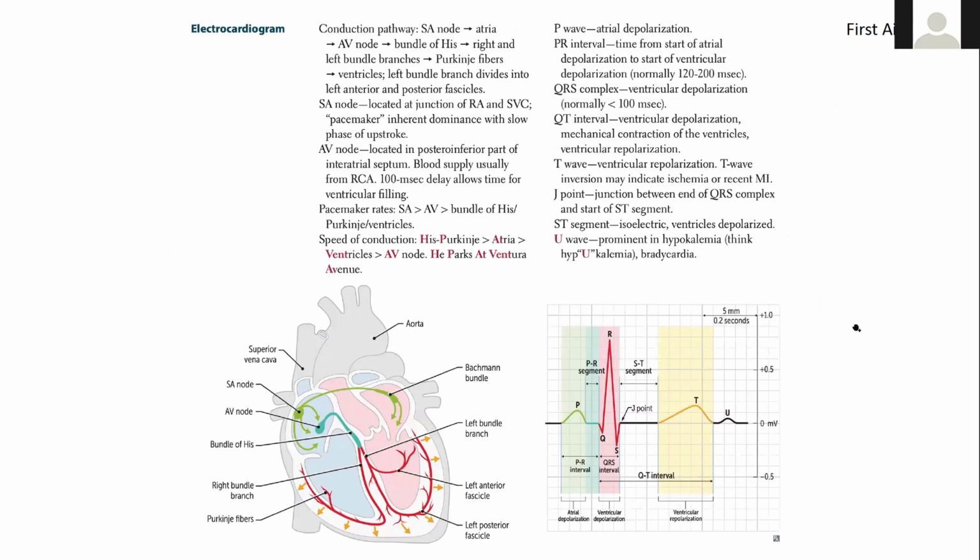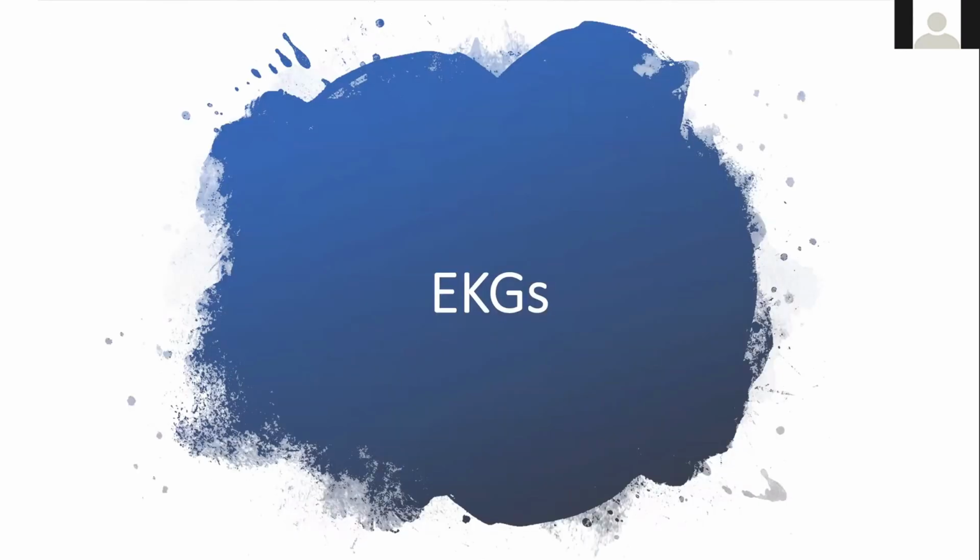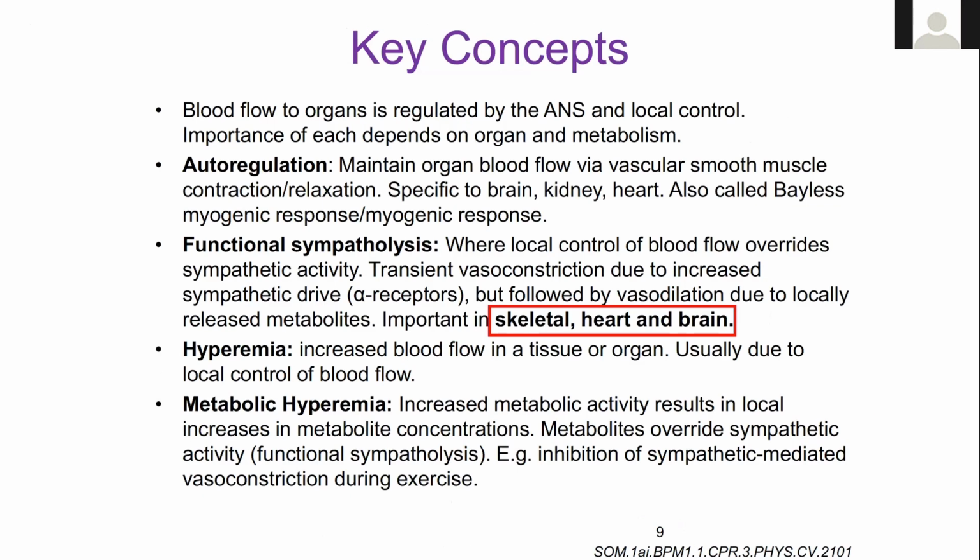Question, what did you say was important about the functional sympatholysis? Sure, right. So the idea is that in these systems, the driving factor typically is the sympathetic activity, whether you vasodilate or vasoconstrict, how much blood flow you get to the body. But under certain circumstances, like under stress, these local control mediators, like maybe decreased oxygen, could override the sympathetic activity and say, even though you're under stress and you're vasoconstricting, we really need a lot of blood to the body.